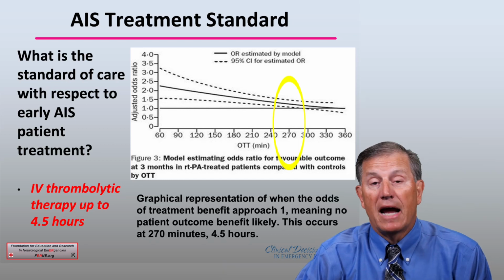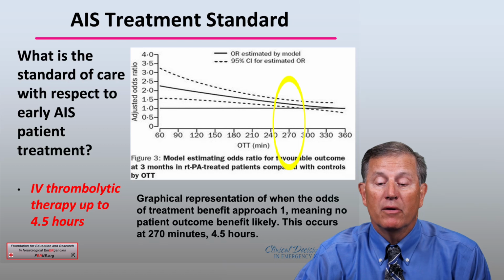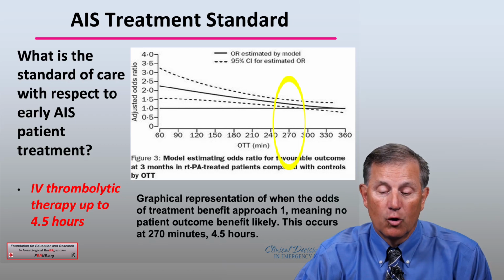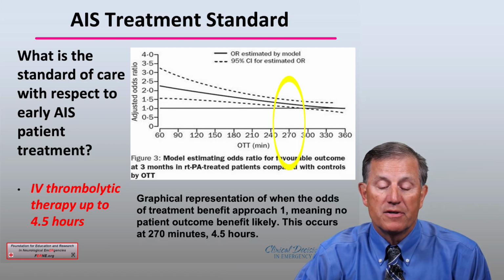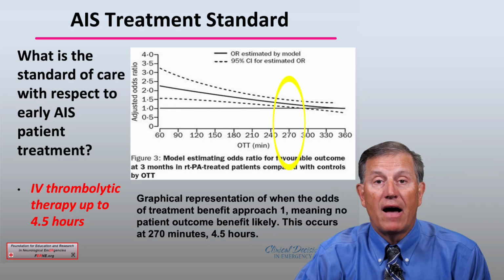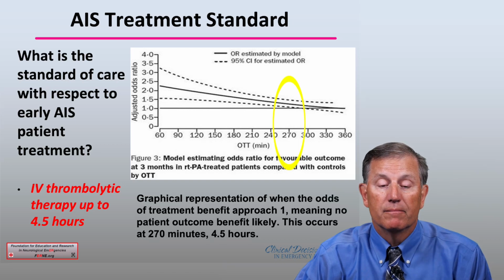The 95% confidence interval around this graph crosses 1 at 270 minutes or 4.5 hours, hence the 4.5 hour therapy marker for IV thrombolytic therapy.